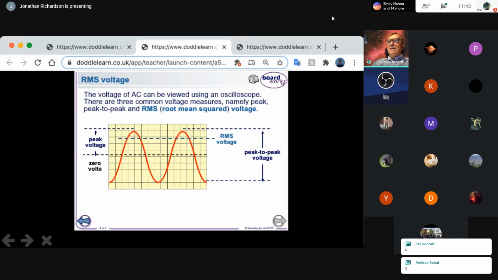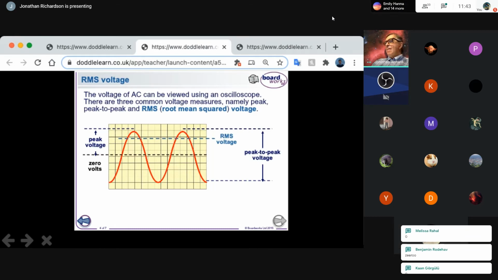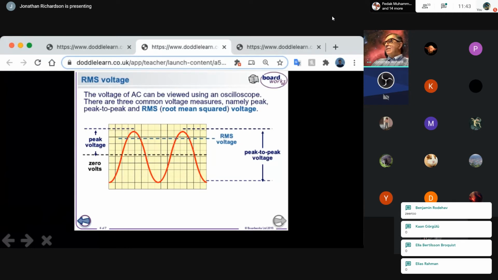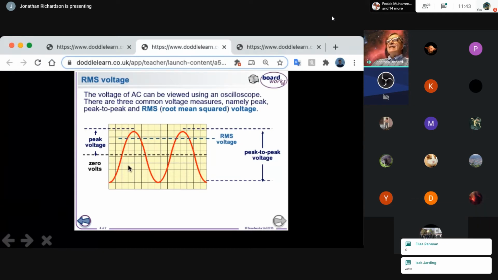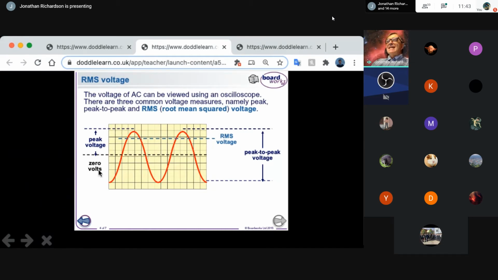Great pair, yes. Great, pleased to see it. The value, of course, is 0. So at the center here, we're halfway between the top and the bottom. So we've got a 0 value as the average voltage.